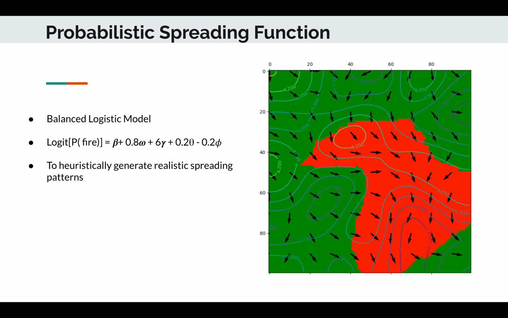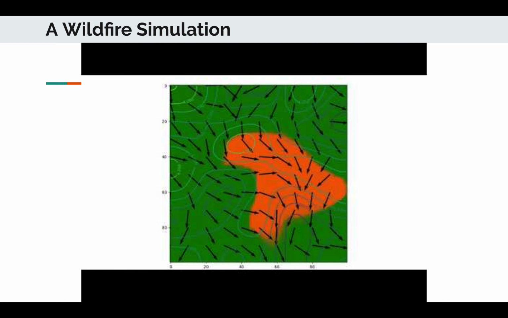The black arrows represent the wind direction, their lengths represent the magnitude. And then you can see superimposed on the image is topographical gradient lines. So we'll see that fire is spreading from the center in the direction of wind and uphill.